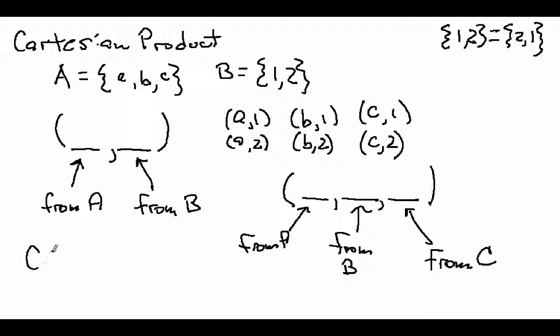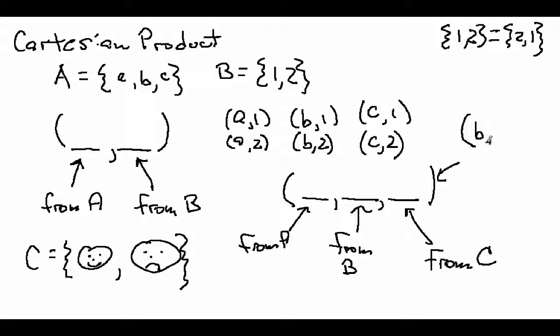Maybe C is equal to {happy face, sad face}. So that an element from here might look something like this. It might be (b, 2, happy face).